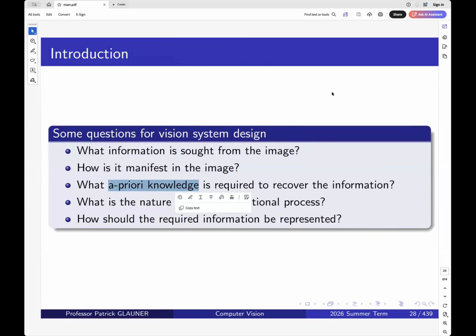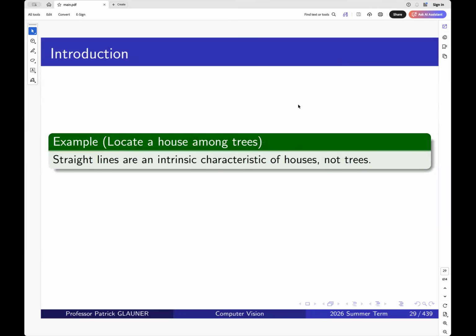For example, do we already know we just want to detect, say, cars? But then the question is which cars, or could there be other things as well we want to detect? So that could be prior knowledge. What is the nature of the underlying computational process? And then once we find that information in the image, how would we represent that information actually?